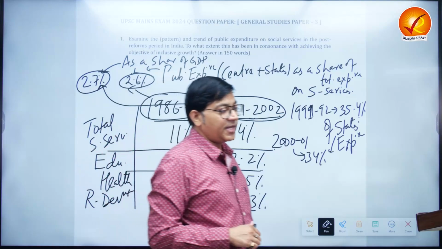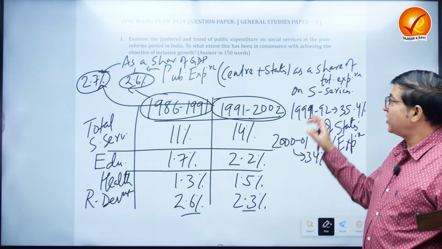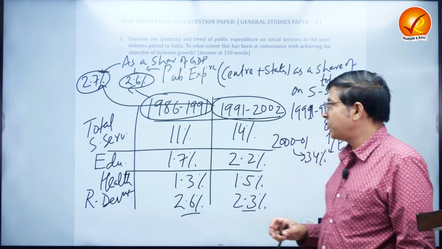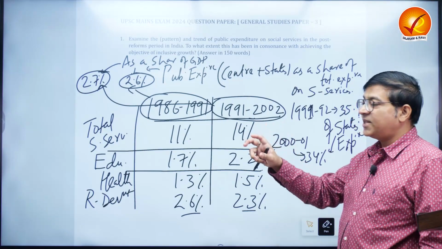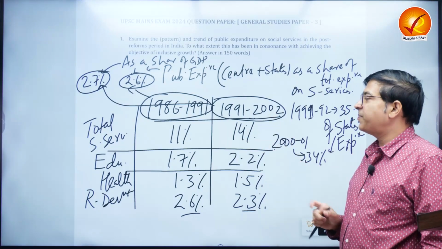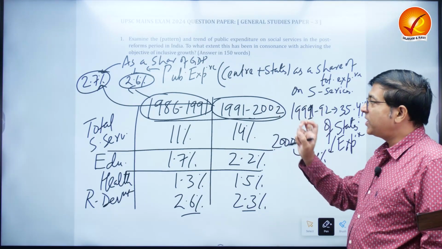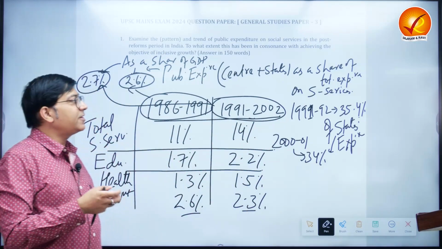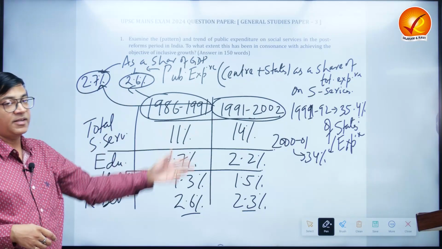From around 5.8% of the state's GDP, the share of the social services expenditure is coming down to around 5.7%, which is again a marginal decrease. The other unique thing that we see is that most of the expenditure on social services from government is coming from center, not the states.